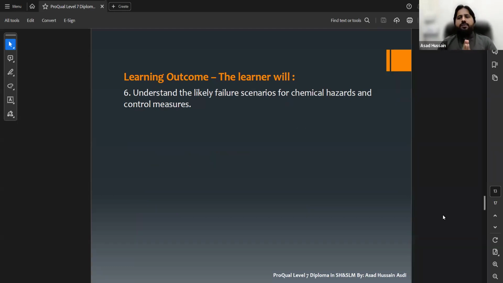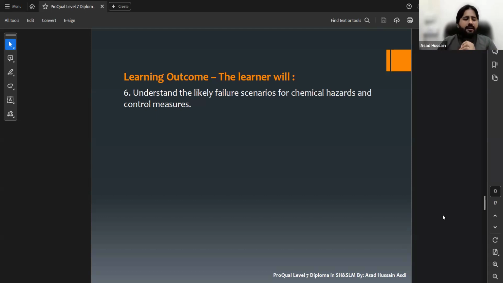But I have told you that digital technologies will be discussed, incident investigation will be discussed, but the main theme on which this unit moves is about risk assessment, specific risk assessment, and the different risk assessment approaches in different situations, for different types of risk and hazards. So, 6, understand the likely failure scenarios for chemical hazards and control measures.